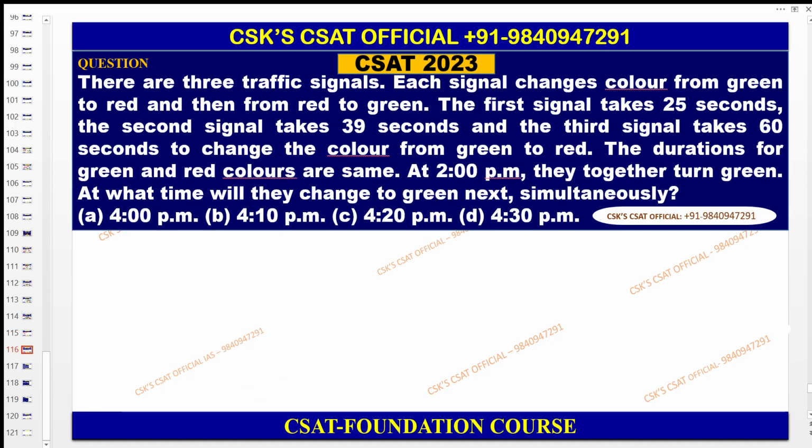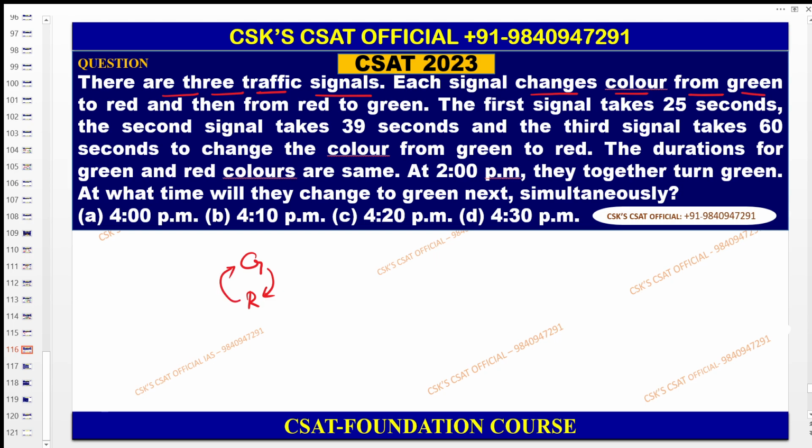This kind of question you have learned in your foundation. The circular track question I taught you, same kind of question. Listen, there are 3 traffic signals. Each signal changes color from green to red, then red to green.